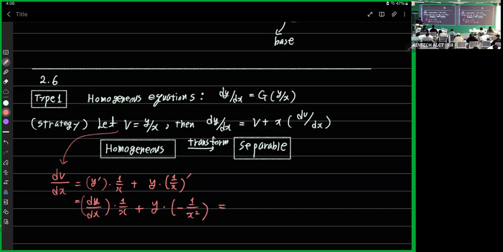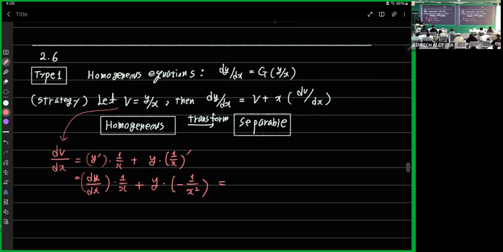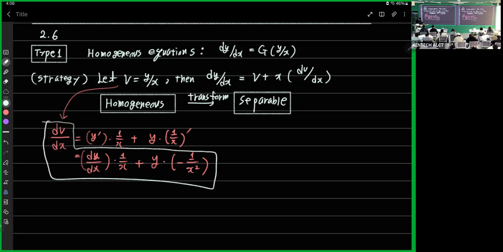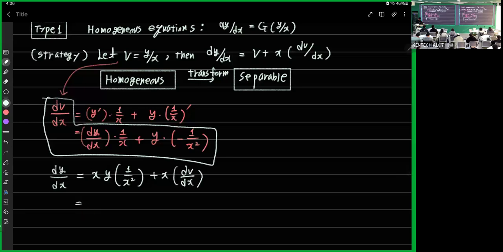Now let me solve this for dy/dx. dy/dx is equal to x times y over x squared, plus x times dv/dx. The x cancels out, and we get y over x, which is v, because we set v equals y over x. So dy/dx is v plus x times dv/dx.